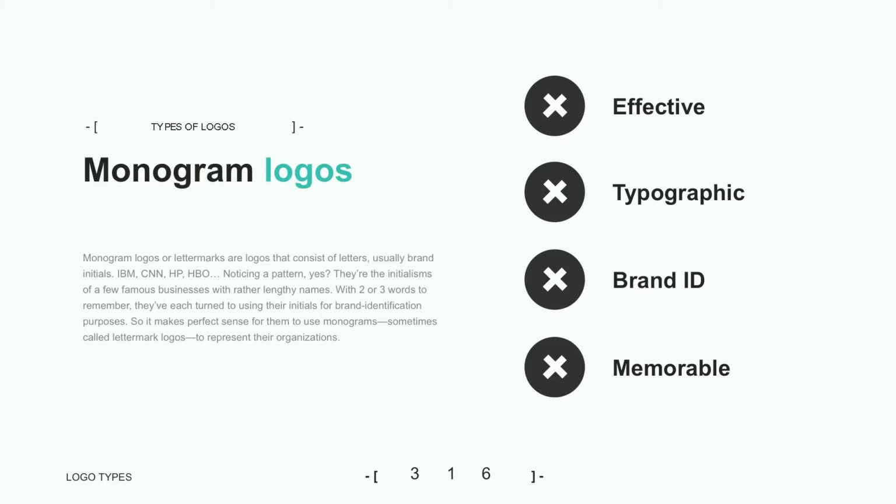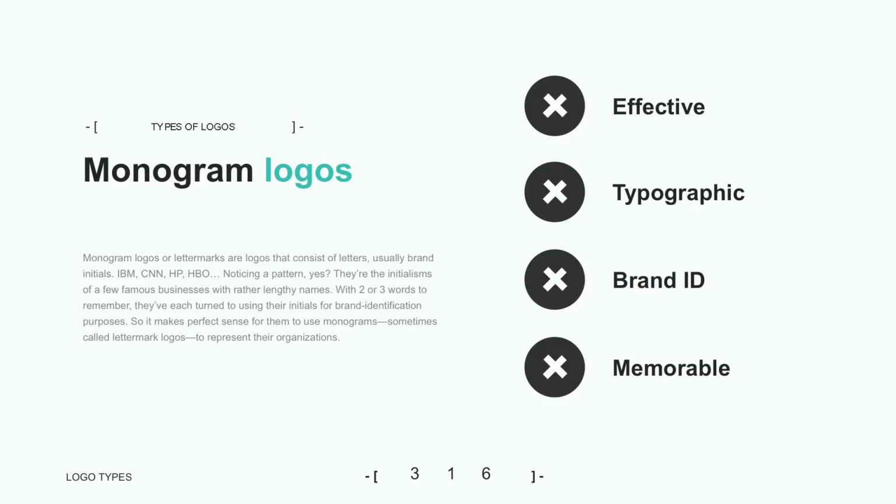When you print on business cards, for example, it has to be legible enough that you can go very small or very big. Also, if you're not an established business already, you may want to add the full business name below the logo so that people can begin to learn who you are right away.